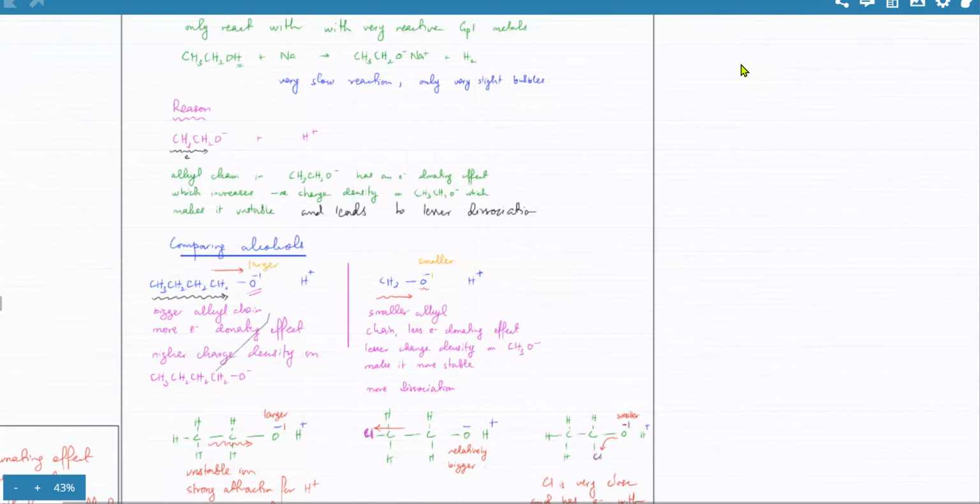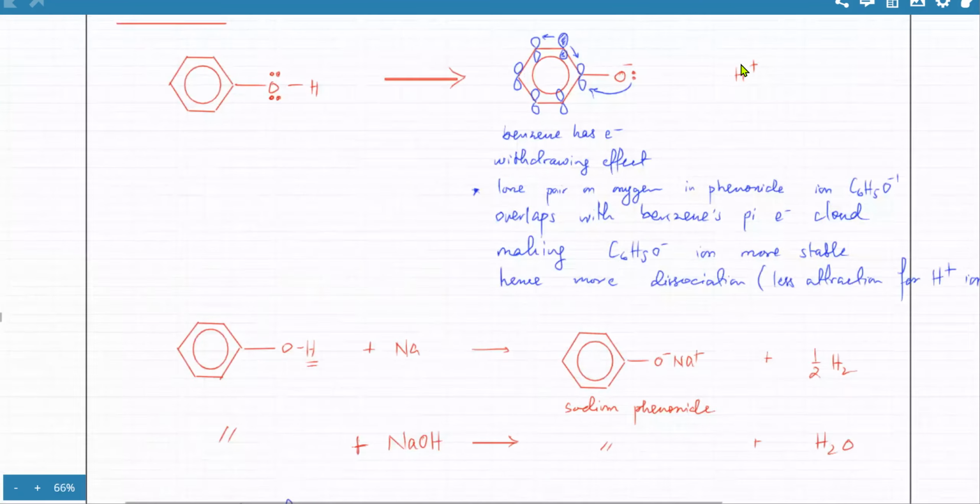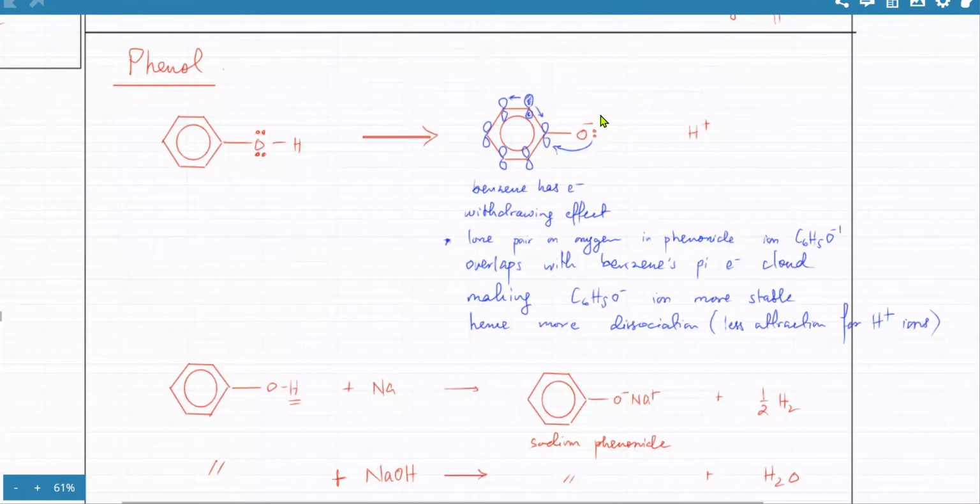And we did the reactions as well. We talked about phenols being acidic, and why were they acidic? Because the lone pairs on oxygen get delocalized with the benzene pi electron cloud, which is why the negative charge density would be lesser and it wouldn't attract the H plus ions. So there would be more chances of the H plus breaking off.